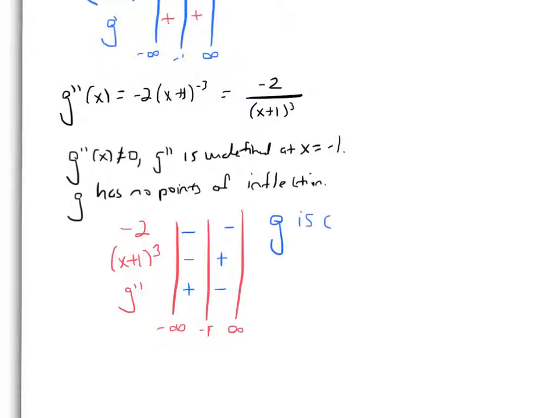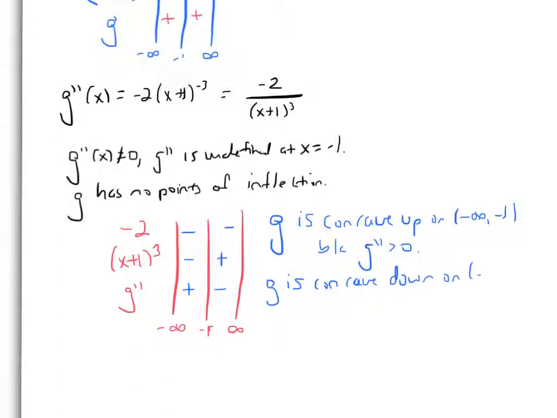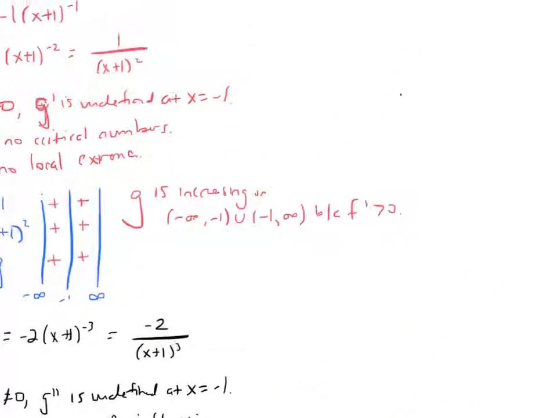So g is concave up because g double prime is positive, and concave down because g double prime is negative. Okay, so we've got a function that's always increasing and concave up, then concave down.